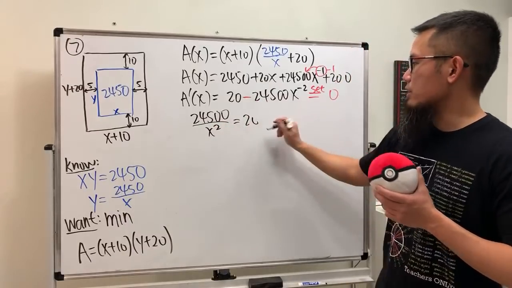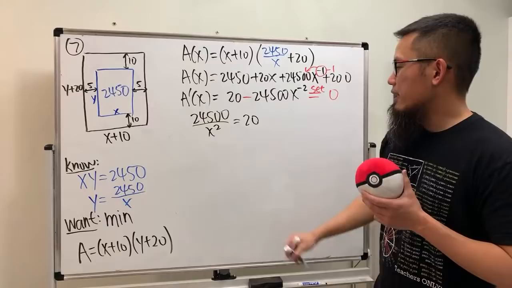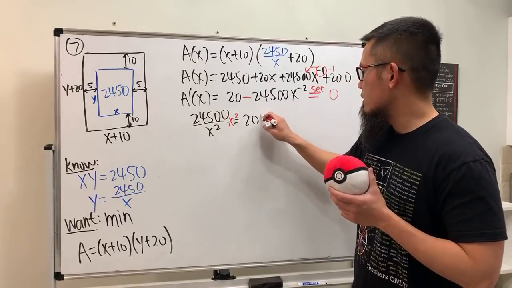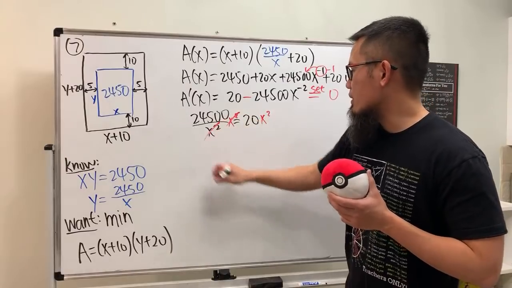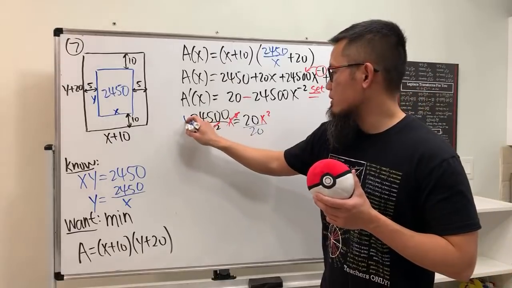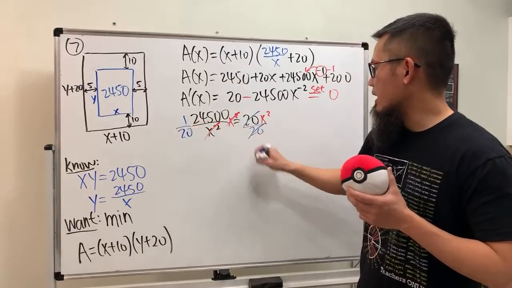Just move that so you see it's actually both positive. And then just multiply x squared on both sides. So this and that cancel. And then divide the 20 on both sides. Cancel this guy out.